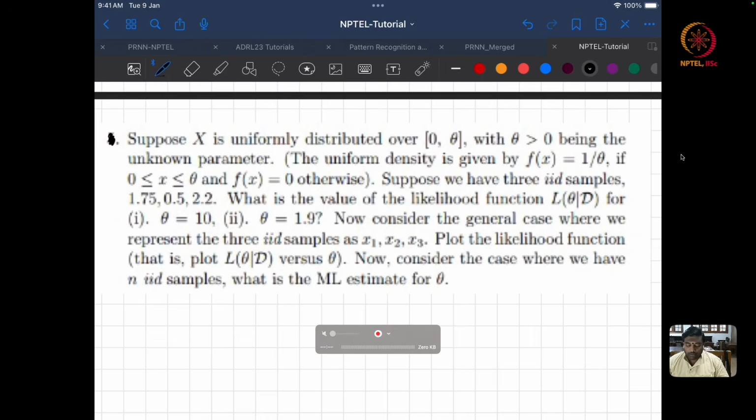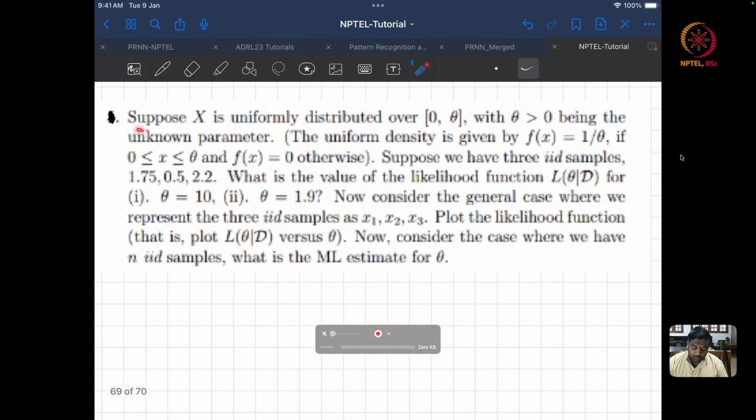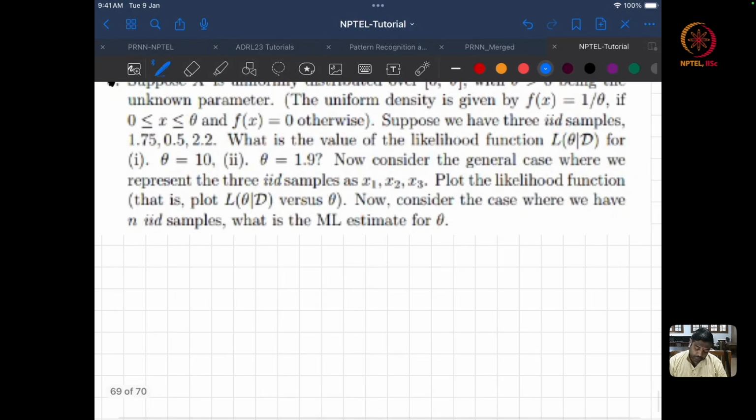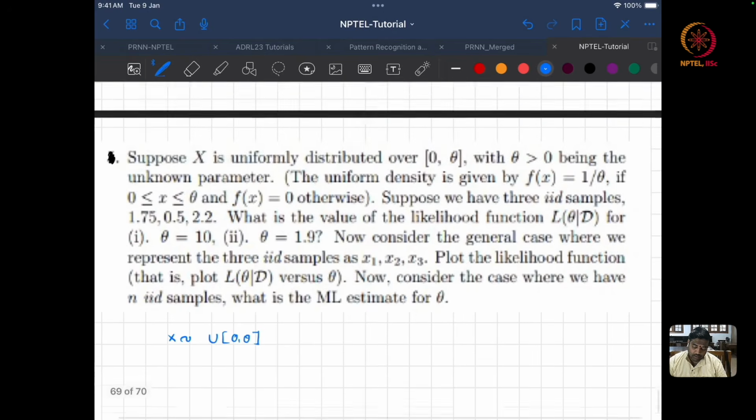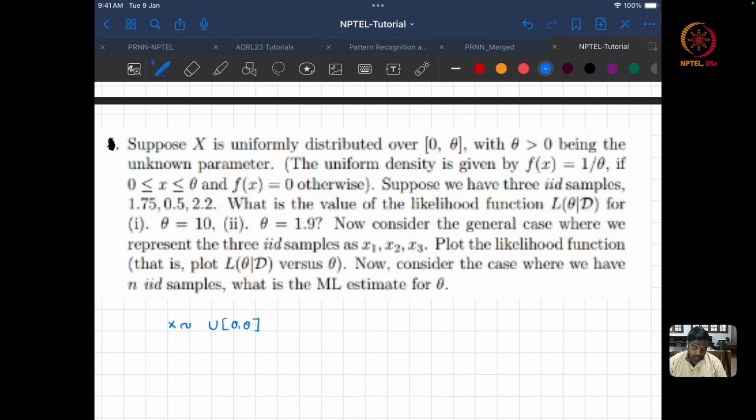So in this problem, suppose x is uniformly distributed between 0 and theta. That means the x that we have is a uniform value between 0 and theta, with theta greater than 0, and it is unknown.